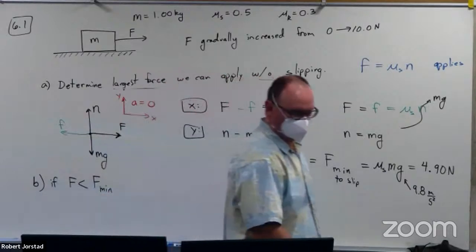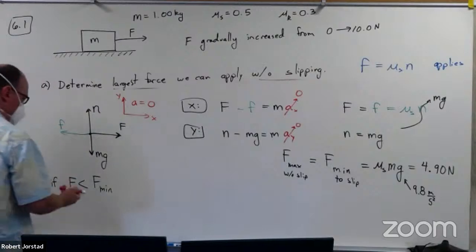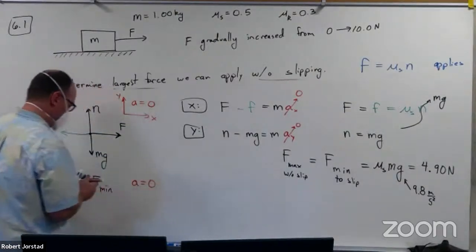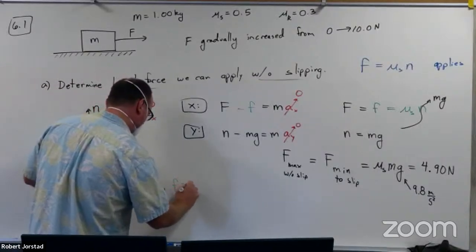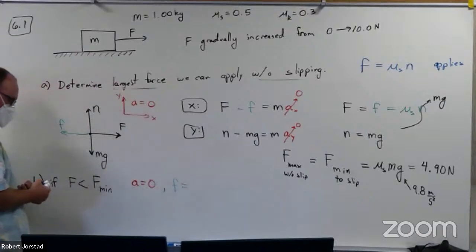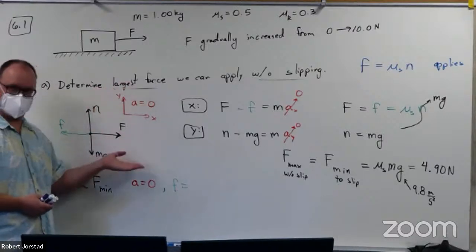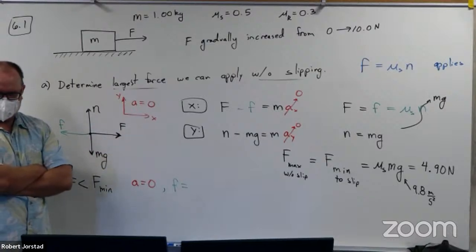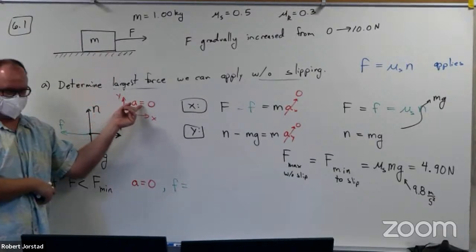If F is less than F min, what's the acceleration? 0. What is the frictional force? Let me ask you, if it's not slipping, does this free body diagram still apply? If it's not slipping and it's still at rest, will acceleration still be 0? Yes.